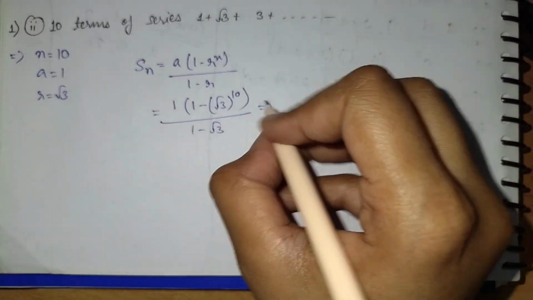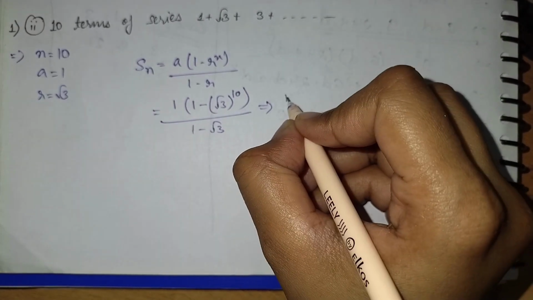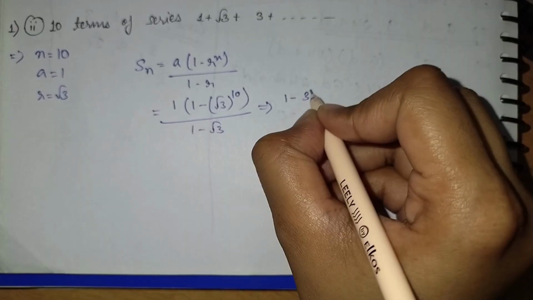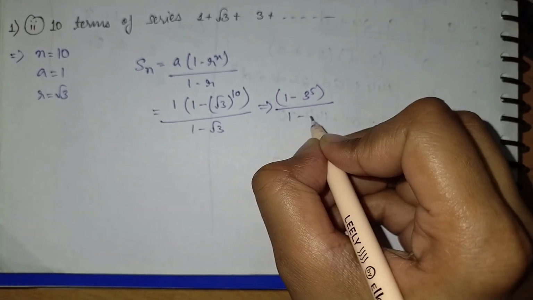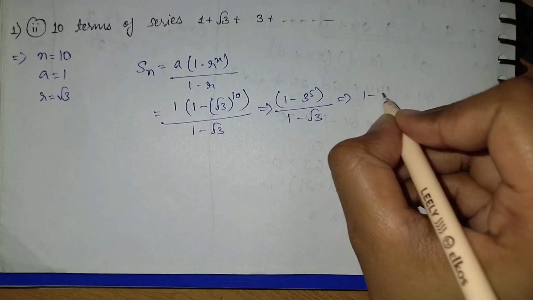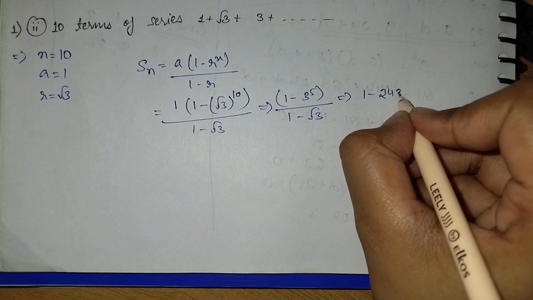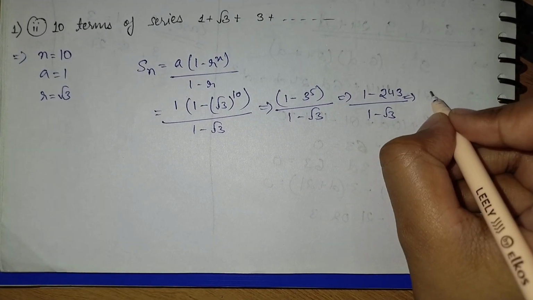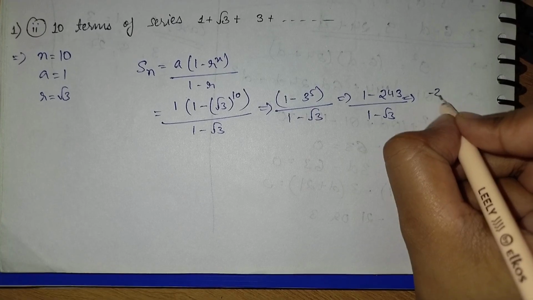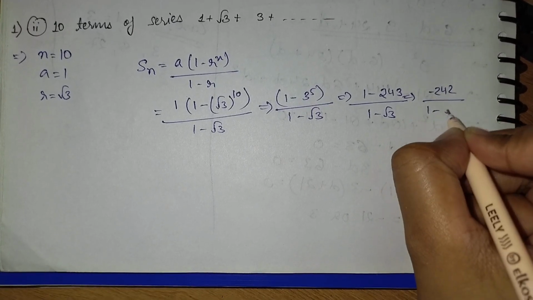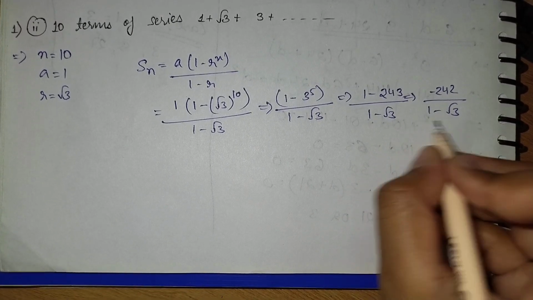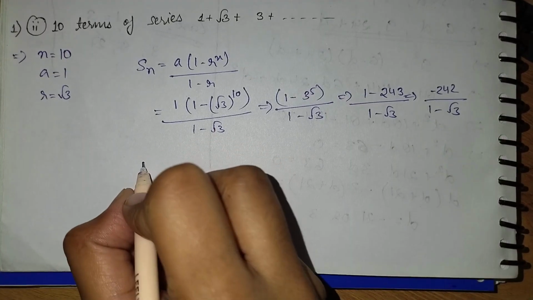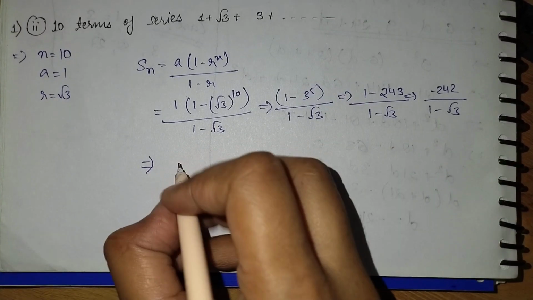On solving, this will become 1 minus 3 to the power 5 divided by 1 minus root 3, and 1 minus 3 to the power 5 will become 1 minus 243, which is minus 242, divided by 1 minus root 3. As there is an irrational number in the denominator, we can simply rationalize this part.